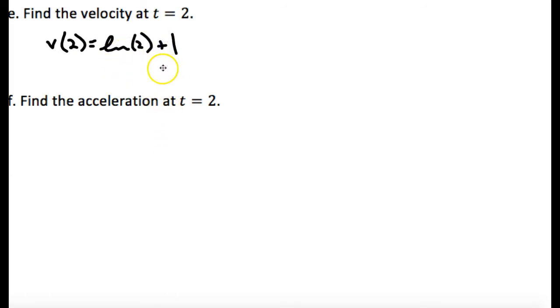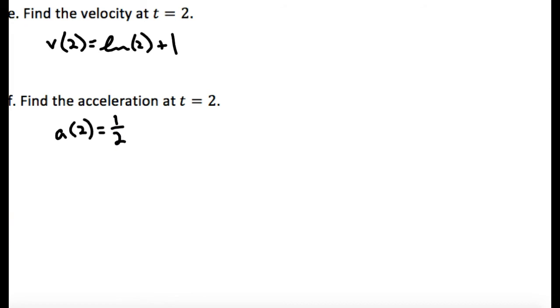So natural log of 2 plus 1, and we can't really do any simplification from that. I mean, we could put that into the calculator and get a decimal, but we can just leave it like that to have an exact value. And the acceleration, so a of 2, was 1 over t, so that's just 1/2.